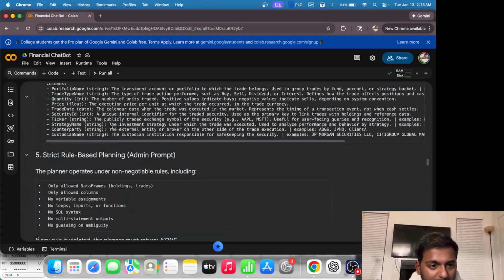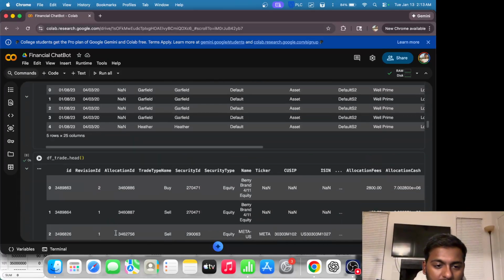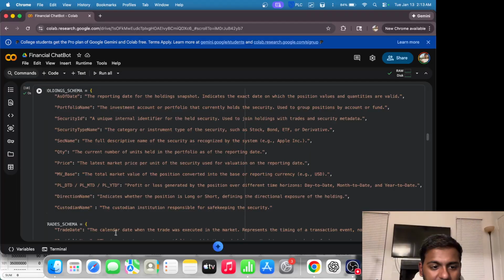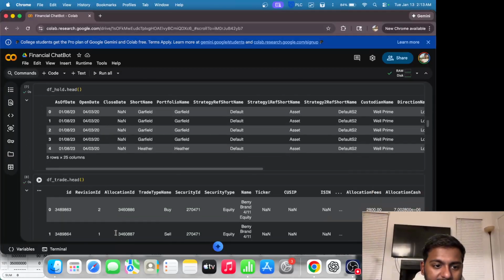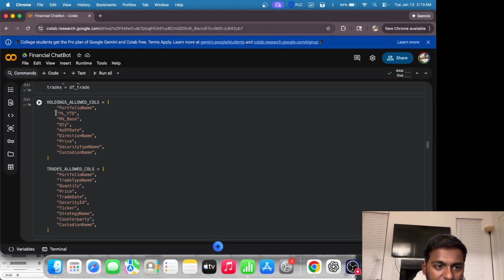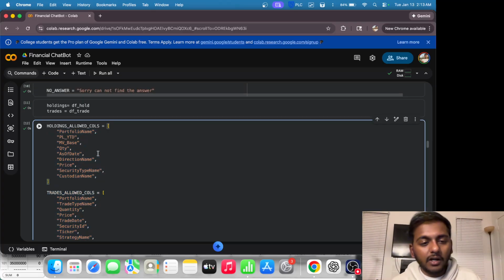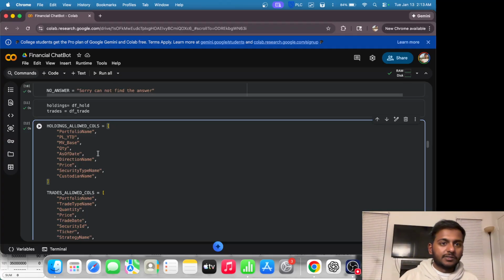So again, to summarize, what's happening is the way it is defined, it has two levels: admin level and user level. The admin rules are designed in such a way that users cannot override them. Then the allowed columns which the LLM uses to make any decisions are defined here. I have kept it smaller to restrict hallucination and enforce stricter rules, so that none of the internet sources or information is used to answer any questions.